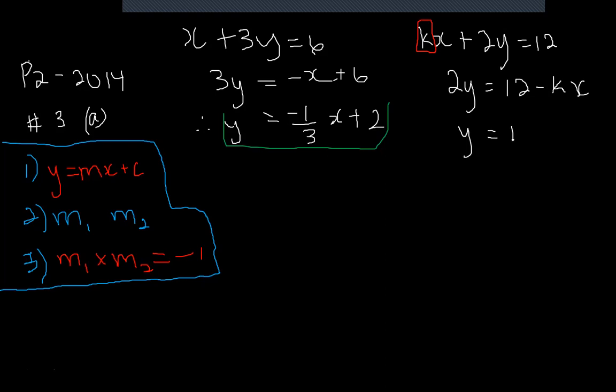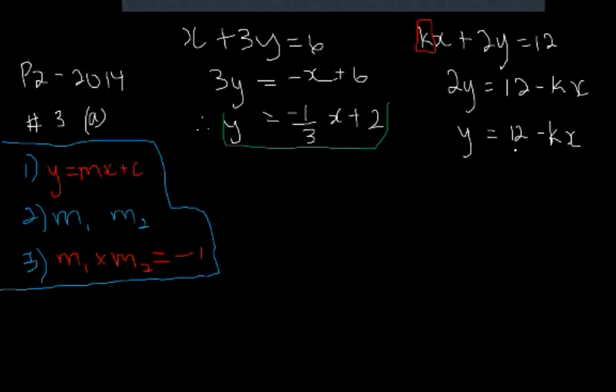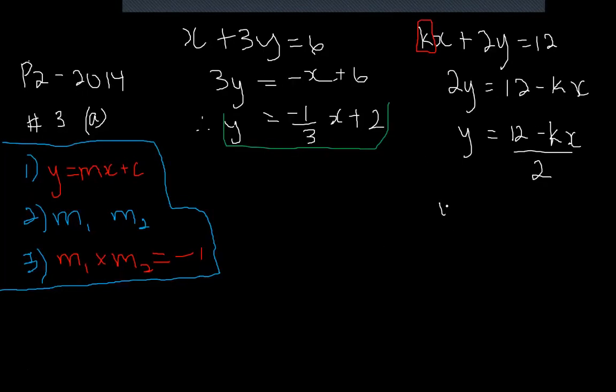So y is equal to 12 minus kx divided by 2. This single fraction could be broken up into two other fractions. So y is equal to 12 on 2 minus, this could be written as k on 2x.